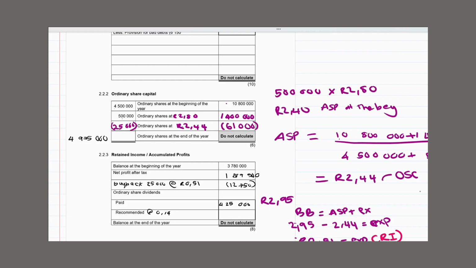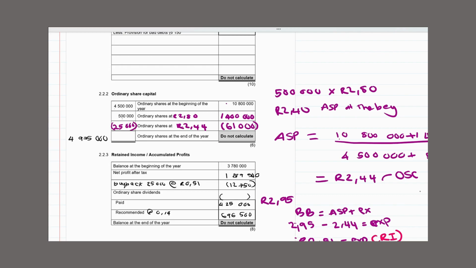So we're going to take the ordinary share capital at the end, which is 4.975 thousand, and multiply it by 14%, and this will give us our dividends of 696,500, which we're going to enter in here, and we will then add up these two and get an amount that we also subtract, and that'll give us the balance at the end, i.e. our accumulated profit.